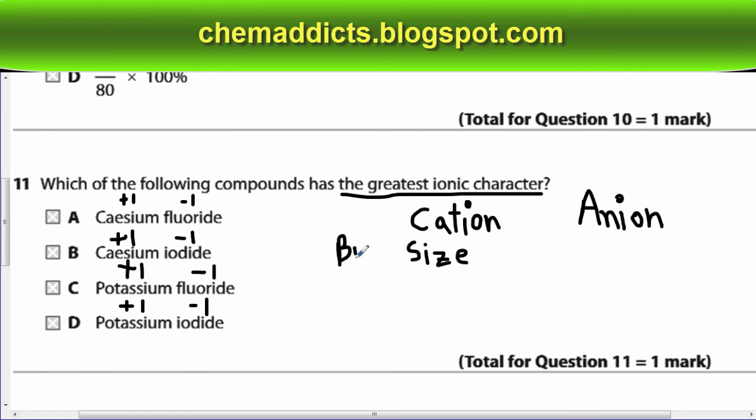Cation with big size. Is it cesium or potassium? Cesium is bigger in size, since cesium is situated lower in the periodic table, lower than potassium.